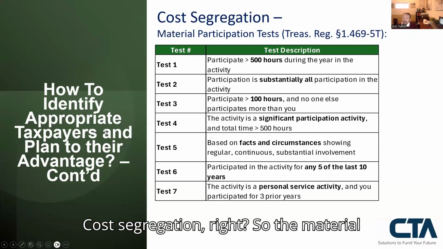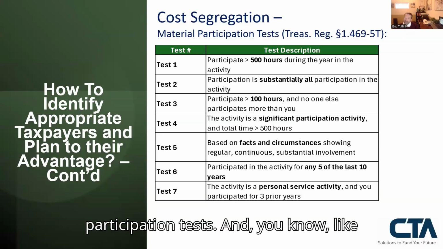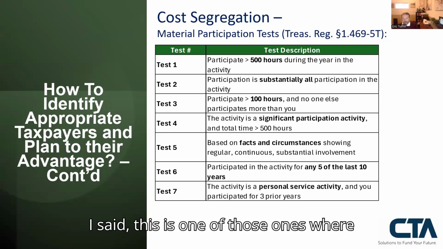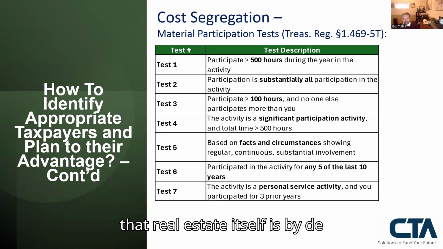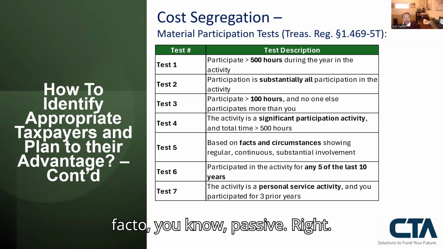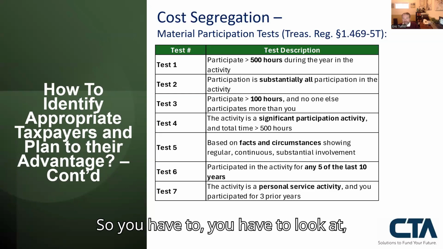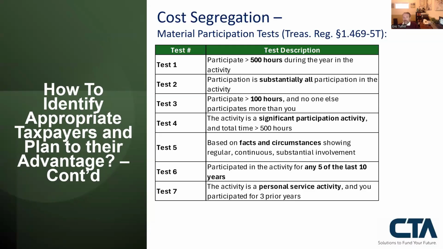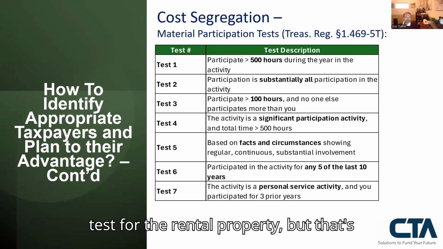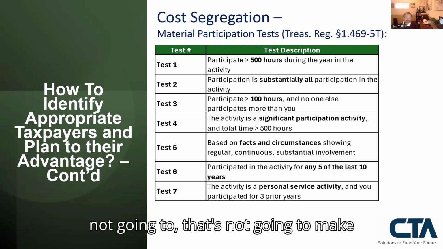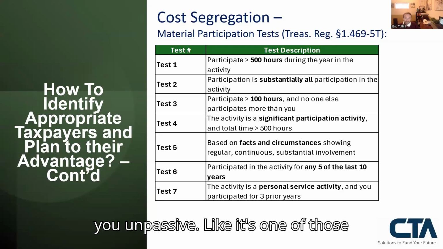Cost segregation, right? So the material participation tests. This is one of those where the problem is that real estate itself is by default passive, right? So you can meet the material participation test for the rental property, but that's not going to make you non-passive.